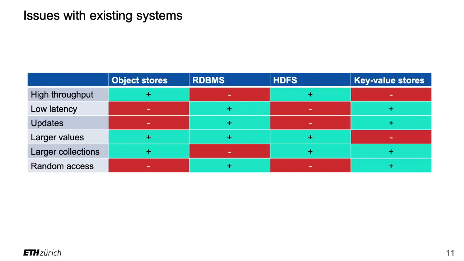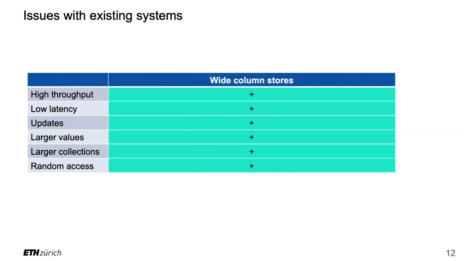There are all of these points that we would like to achieve, but none of the systems actually achieves them, and this is why we have these wide column stores. It checks all of the boxes right there. I just have to warn you, it's a complex piece of technology. I'll take the time to go through it and answer your questions, and we will see that there are a lot of very valuable lessons to learn from the architecture of HBase.